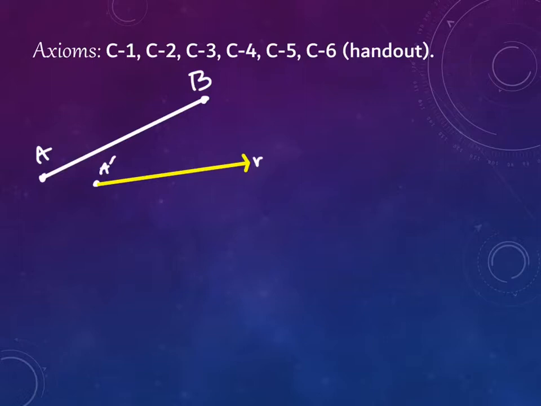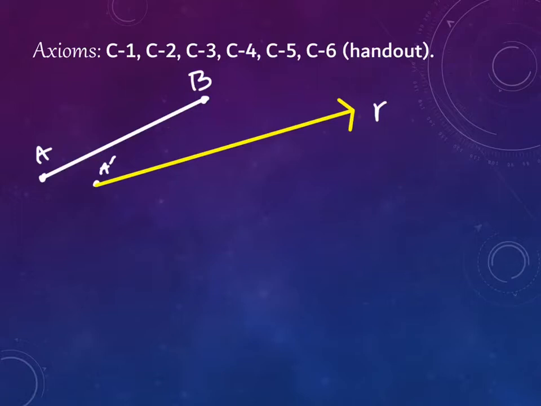So somewhere, I don't know if my picture is going to be legit, it definitely doesn't look like it's for real. But I extend R just a little bit further. That's better. All right, here's ray R. There is a point B prime somewhere on R. B prime is not equal to A prime. And AB is going to be congruent to A prime B prime.